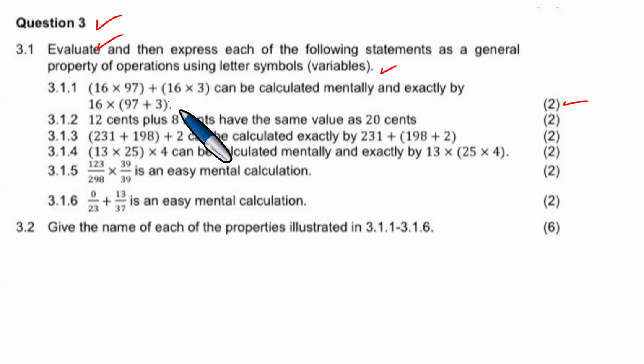For example, let's look at 3.1.1. 16 times 97 plus 16 times 3 can be calculated mentally and exactly by 16 times (97 plus 3).